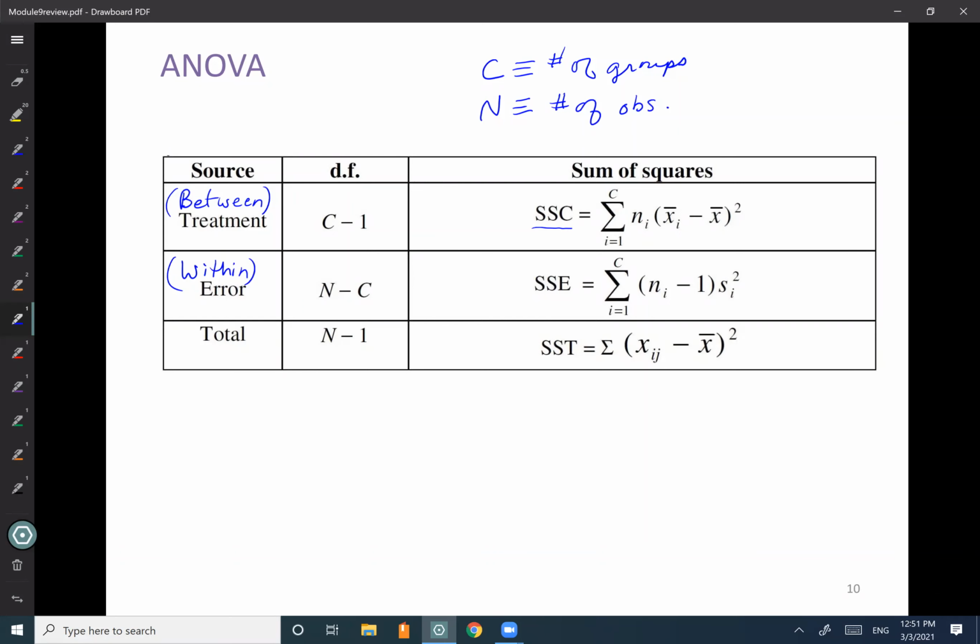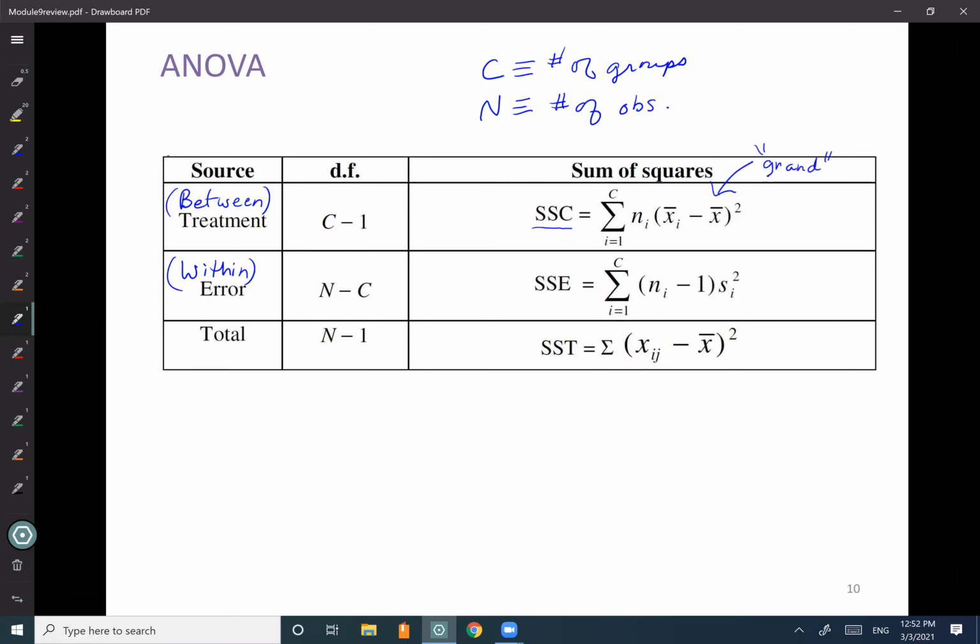So the SSC, the sum of squares for the columns, is the sum from i equals 1 to C of n_i, the size of the sample for each of those groups, times the mean for each group, X bar subscript i, minus the global mean, or grand mean, or overall mean, squared.